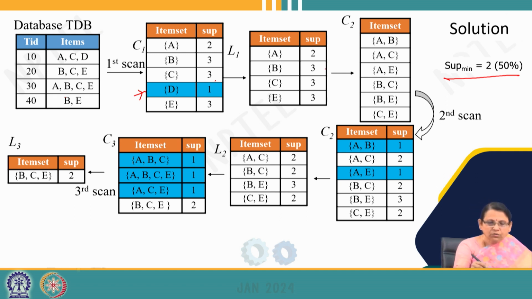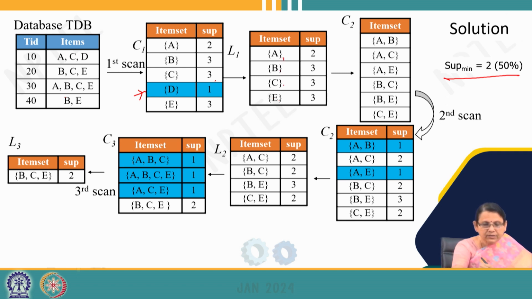So, now after pruning it, we have A, B, C and E left. Now, from this we will be constructing the possible 2 item sets. What are the possible 2 item sets?